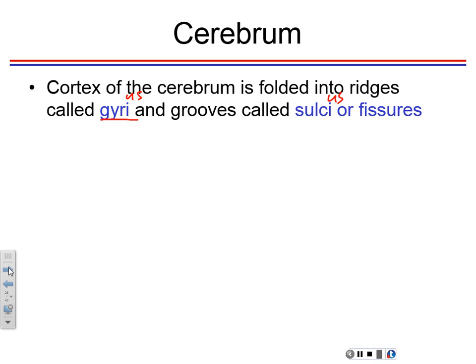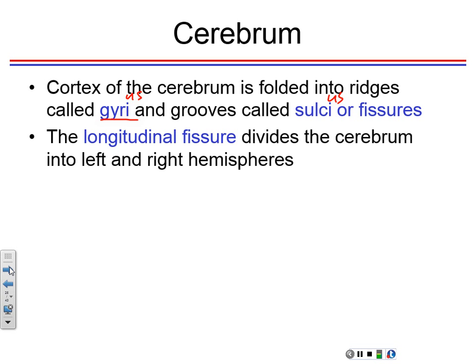These are Latin words again. So resist the temptation of calling the gyri the grooves because of the G. The gyri are the bumps, which are the ridges, and the sulci are the grooves. It's kind of like the opposite. Don't call the grooves gyri. No. Okay, and I'll show you a few pictures of those squiggles.